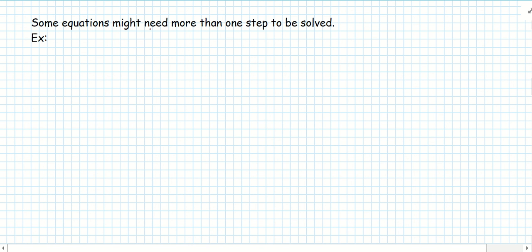So, let's see. So for this example, we have 5. So again, let's say we want to solve this one, right? So 5 and then parentheses 3 minus 2a, and then plus 7a minus 2 equals 2 parentheses 9 minus 2a, and then plus 15.